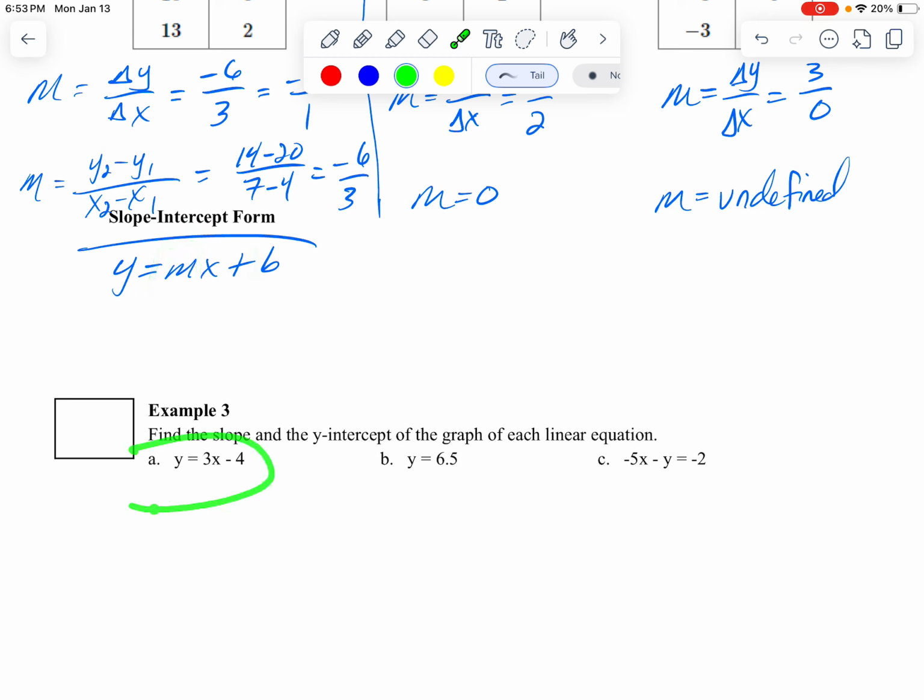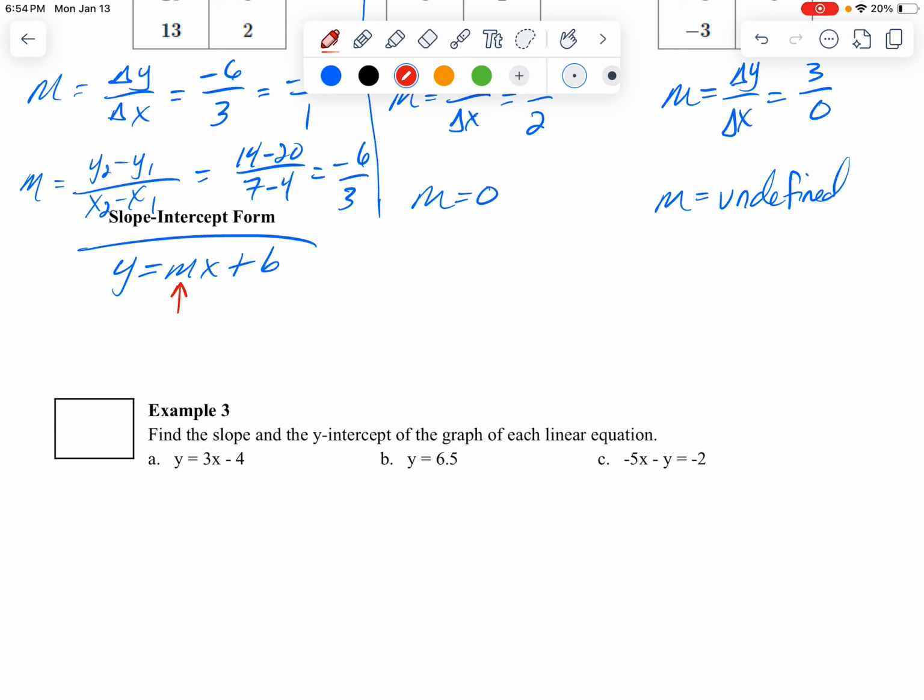So for example, like this is a perfect example of slope-intercept form. I've got y, m is just a number 3, x, and then I've got another number here. Okay? Perfect example.